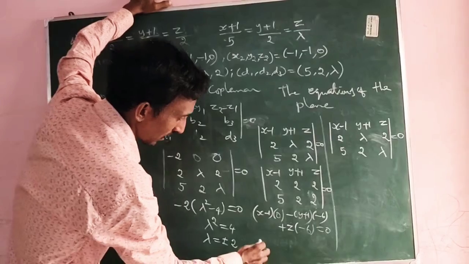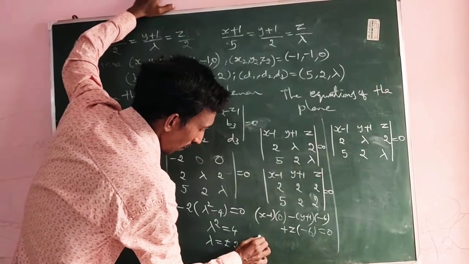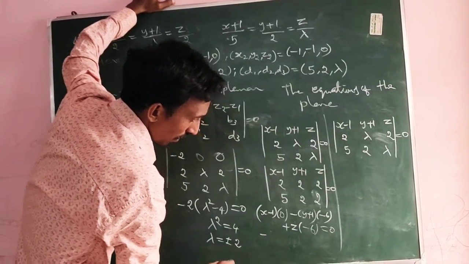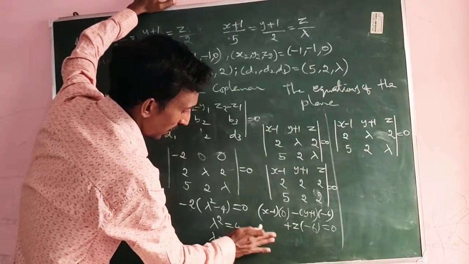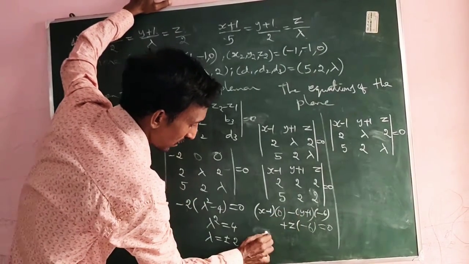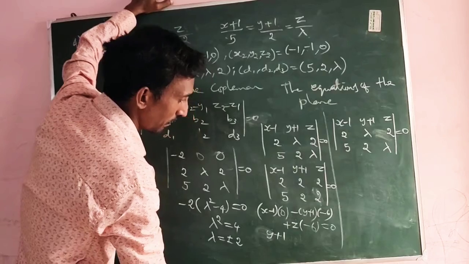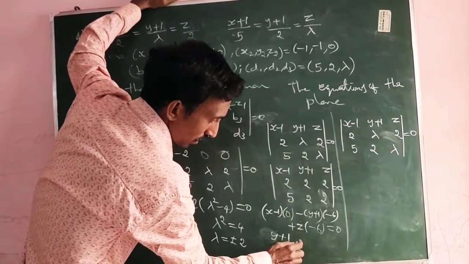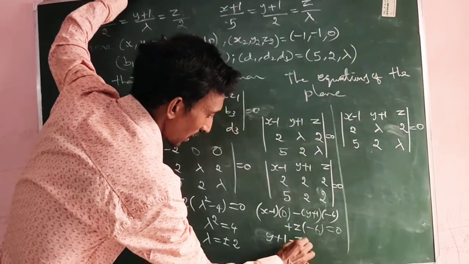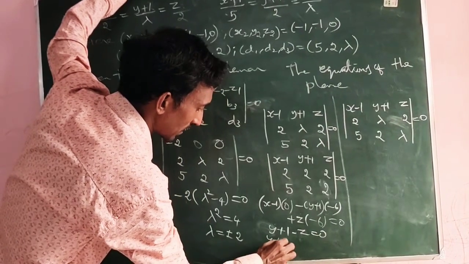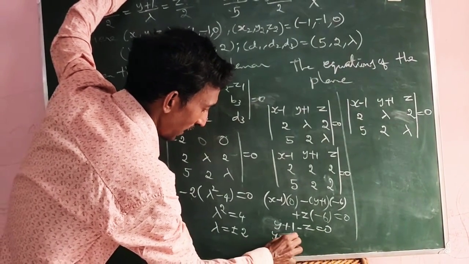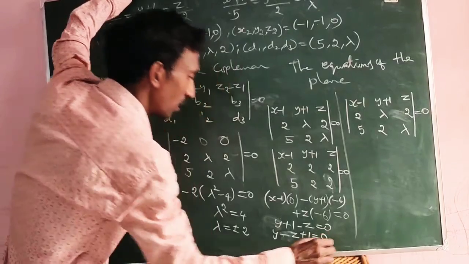Divided by minus 6, we are getting minus of, or divided by plus 6, minus into minus plus, y plus 1 minus z equal to 0, or y minus z plus 1 equal to 0.